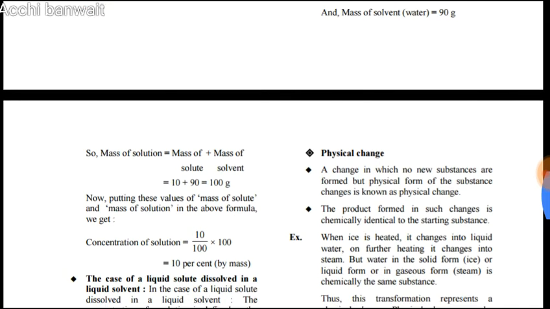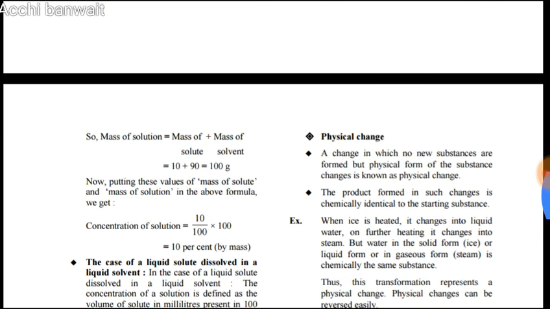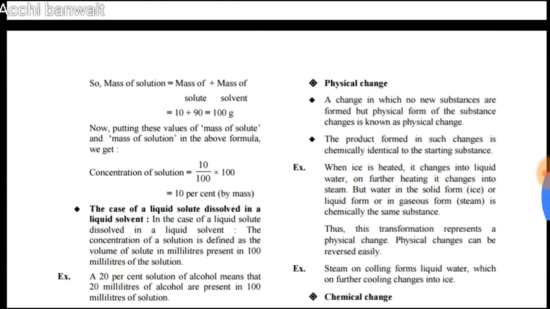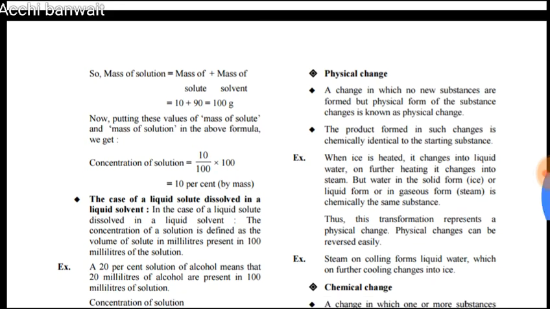So here you can see a well-known example. The mass of solution will be mass of solute plus mass of solvent. We add both of them and get 100 gram. Now putting these values of mass of solute and mass of solution in the formula, we get concentration of solution as 10 upon 100 into 100, that is 10 percent by mass.